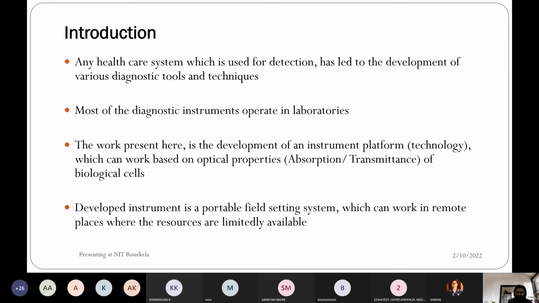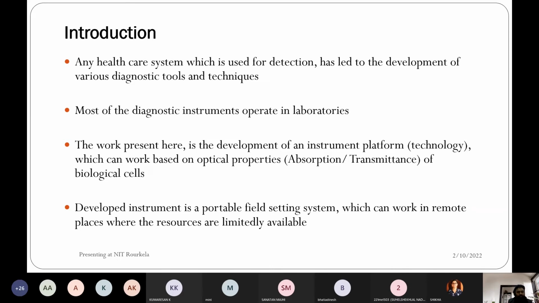So there is a need for various techniques to be developed and different instruments to come, so that when it is available for each and every individual, in each and every place, then only the actual purpose of that instrument will be served.